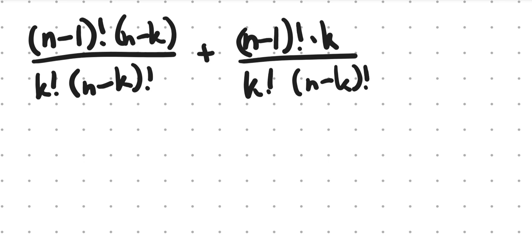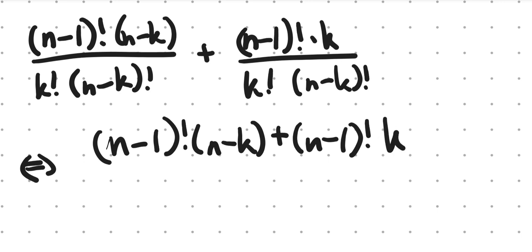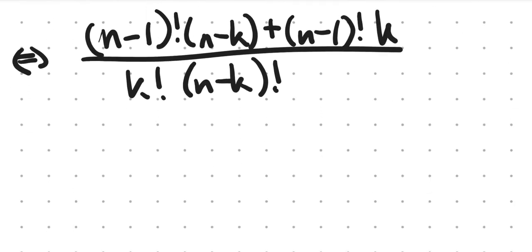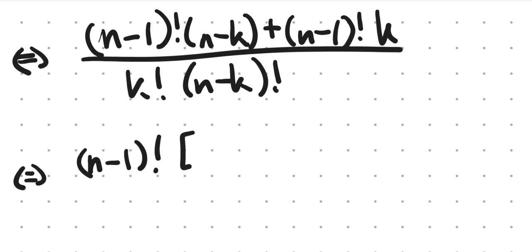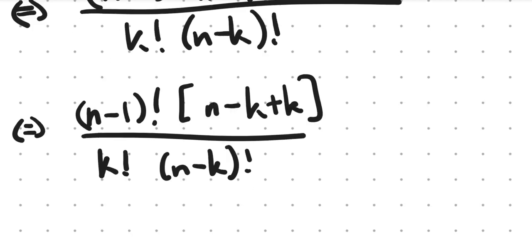Since now we have the same denominator, this is equal to n minus 1 factorial times n minus k plus n minus 1 factorial times k, all divided by k factorial times n minus k factorial. Now if we take n minus 1 factorial out, we get n minus 1 factorial times n minus k plus k, divided by k factorial times n minus k factorial.